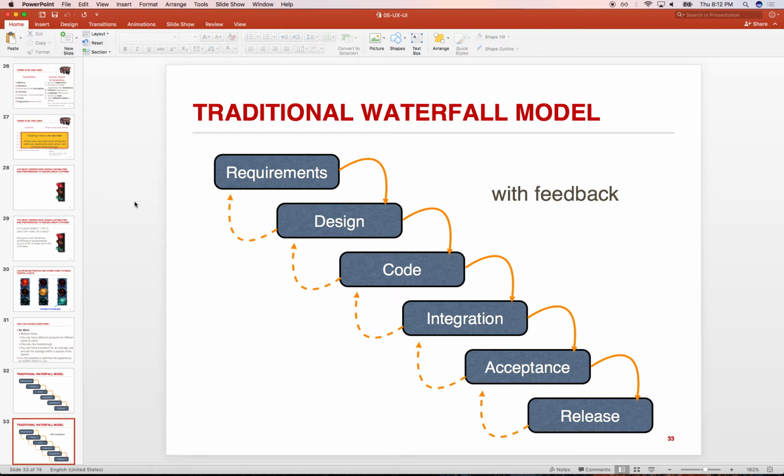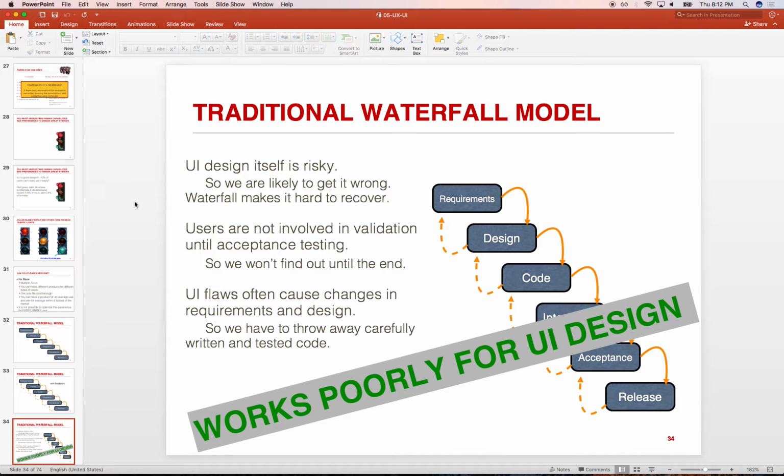But traditional waterfall doesn't work well since you would be expecting that some end user would be using a user interface that is not yet mature, right? And presumably they're going to run into issues, and then they're going to give you feedback on it, and then you want to iterate over that, right?